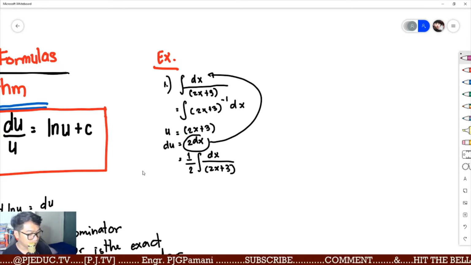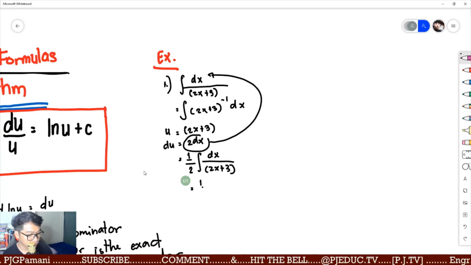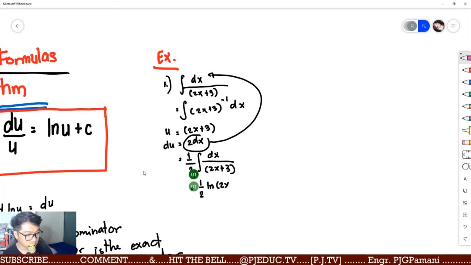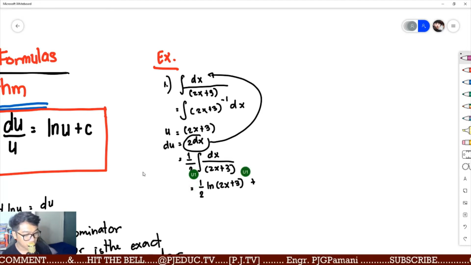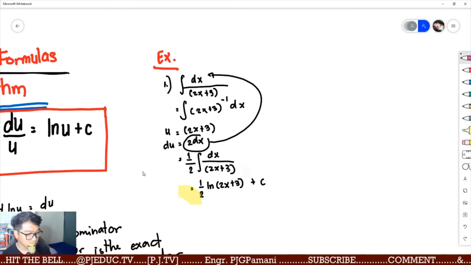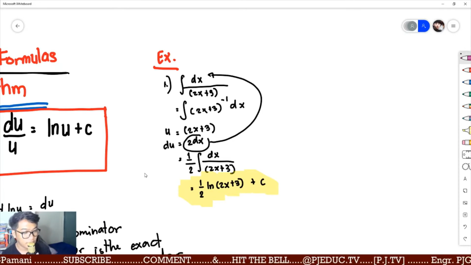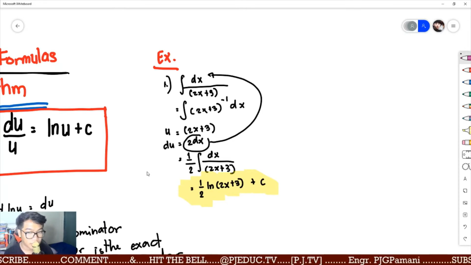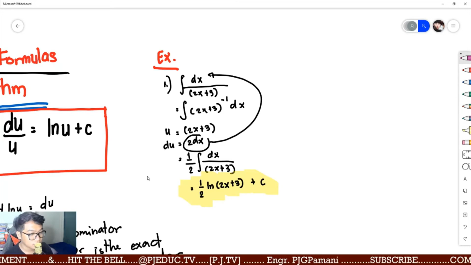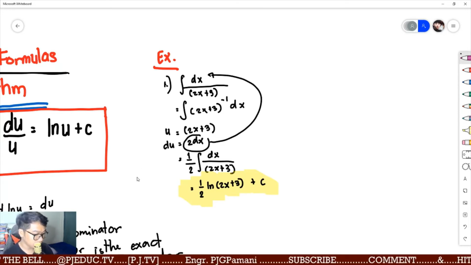Applying our general rule gives us our final answer, which is 1/2 ln of 2x plus 3 plus your integration constant. Okay? Nakuha po yun? Madali lang naman muna.